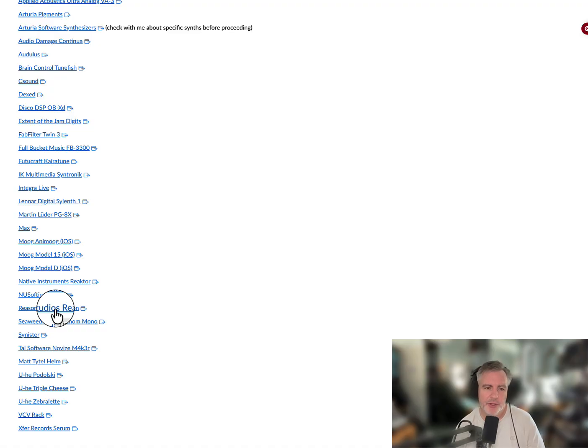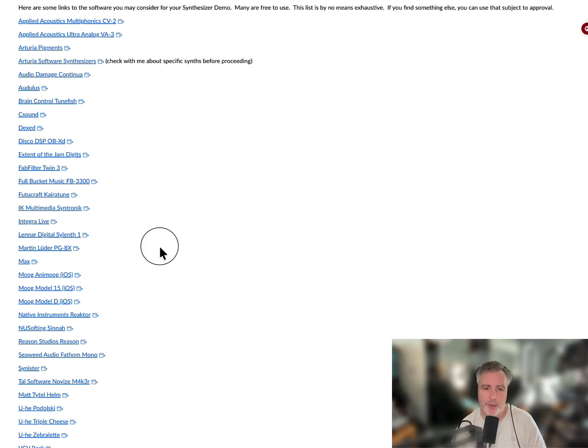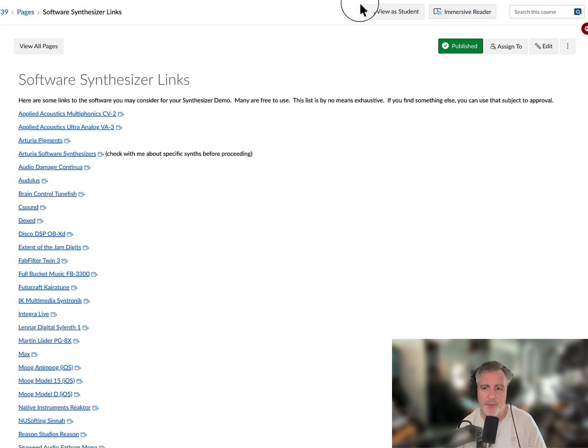So you'd want to make clear which particular synthesizer you're doing, because there are some that will work and some that won't. There are iOS ones in here, and I apologize, I don't know much about Android options, but I'm happy to look if you have an Android synthesizer. I'm happy to look at it really quick and give you a thumbs up, or tell you maybe how it's not going to work with our assignment.